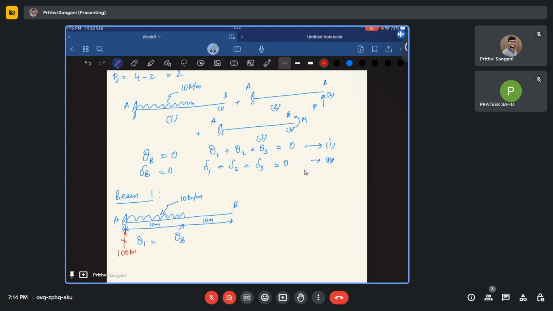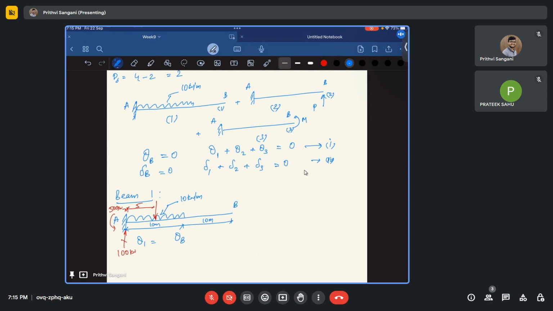And the moment, 10 times 10, that is 100, acting here, 100 times 5, this is 5. So this is 500, going in this direction. 500 kilonewton meter. So we have solved for the support reactions.